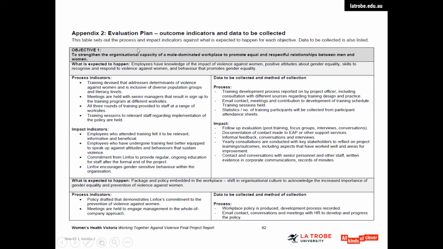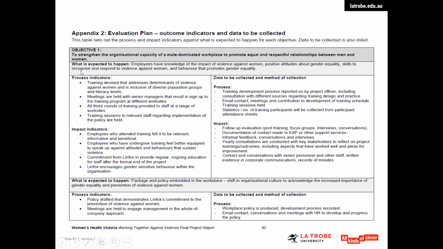They've stated what their objective was, and there's a little bit of a description of what is expected to happen in achieving that objective. They've got both a process and an impact evaluation plan, with their process indicators and impact indicators, and then they outline the data to be collected and the methods they're going to use for their evaluation as well.